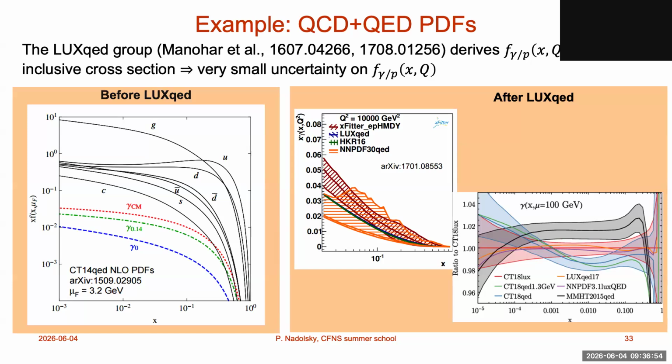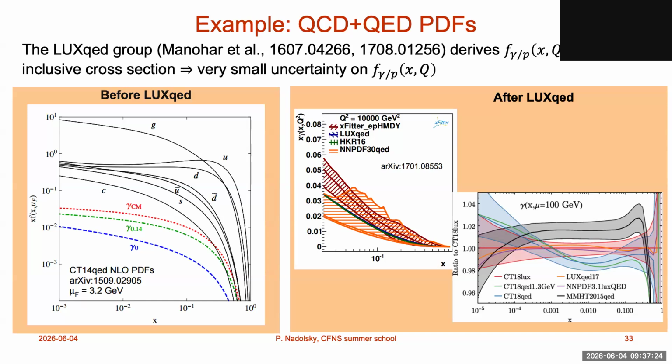In the analyses before LUXqed, for example the CT14 QED analysis, there was a huge range of uncertainty on the photon PDF. After you put in the LUXqed PDF, this figure illustrates it a little bit. In this figure you compare the LUXqed PDF, which is just this line, and this line includes the uncertainty, with the uncertainty that was coming from the fits of the photon PDFs before LUXqed.